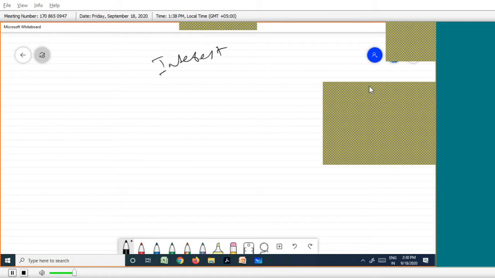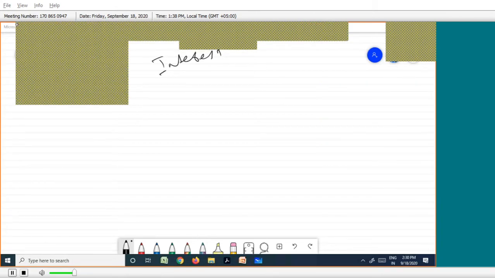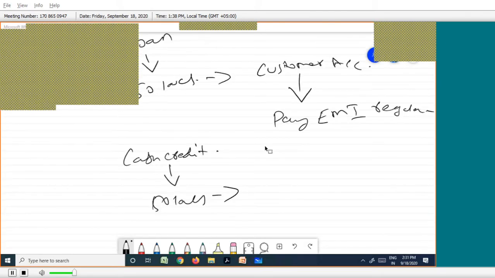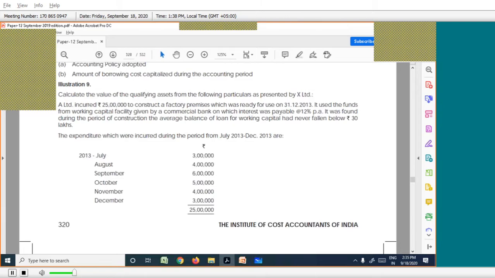It used the funds from the working capital facility given by a commercial bank, on which interest is payable. 12 percent is the rate of interest.